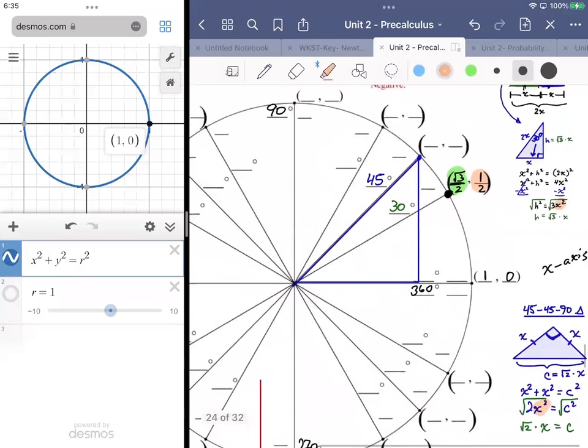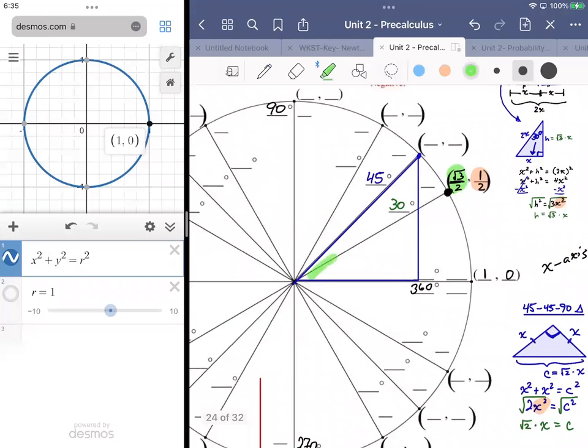Okay, so I'll go green. So this triangle, again, was swept through a 45-degree angle. So each one of the non-right angles is going to be valued at 45 degrees. This one definitely 45 degrees.